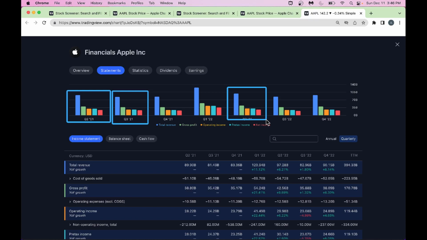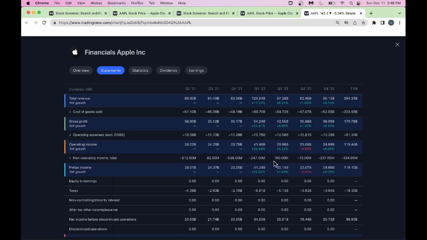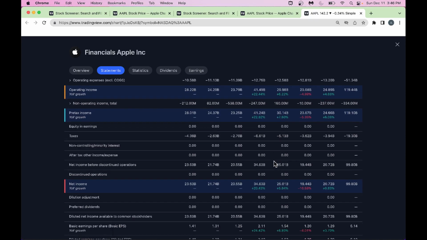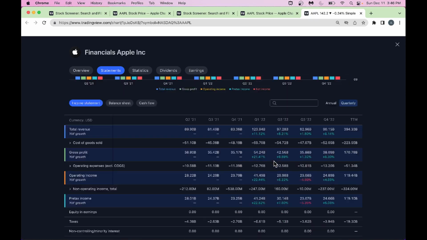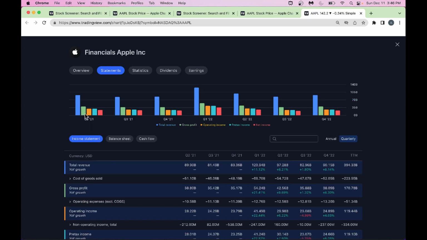And you can see here we got very good numbers. We got total revenue in the blue here, and green is the total profit, operating income, pre-tax income, net income, all above zero. That tells you Apple is a great company. And you got various more statistics here. You could go through this and spend some more time, but the moment you look at this right here, you get a good picture.